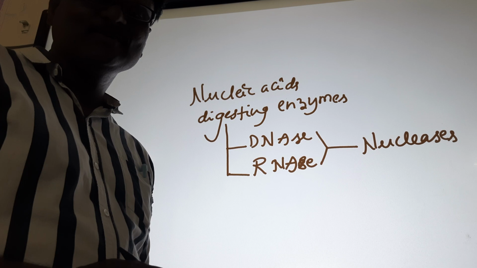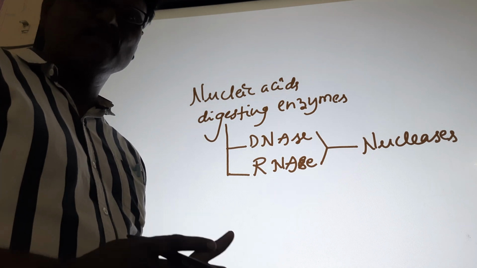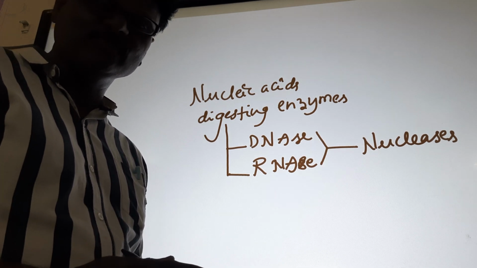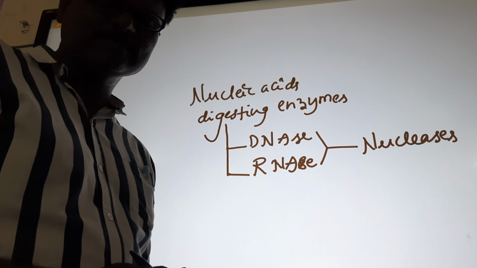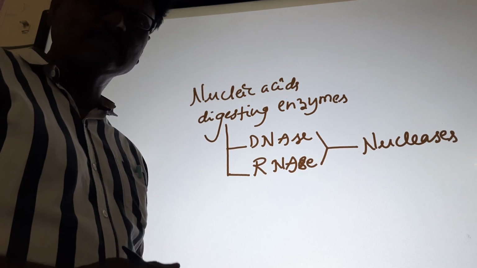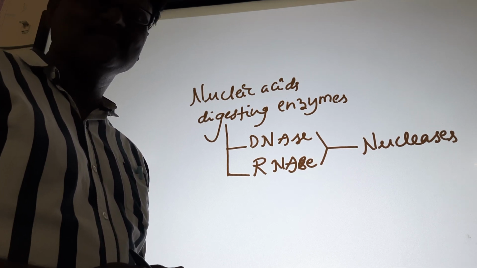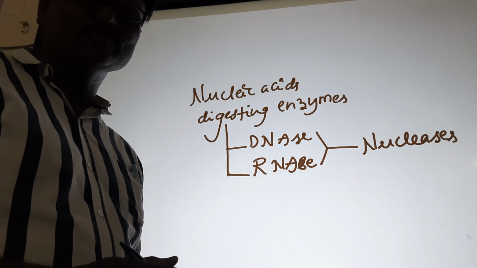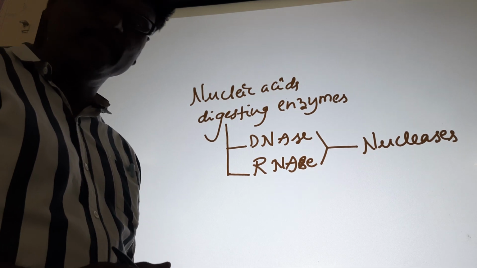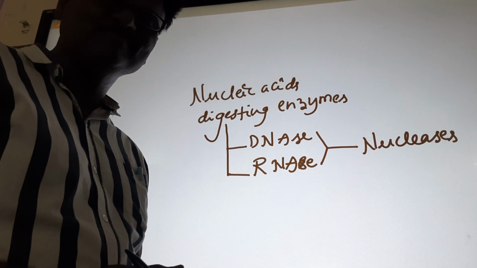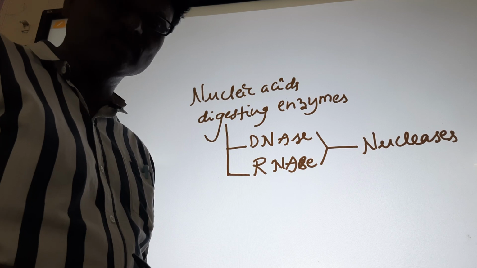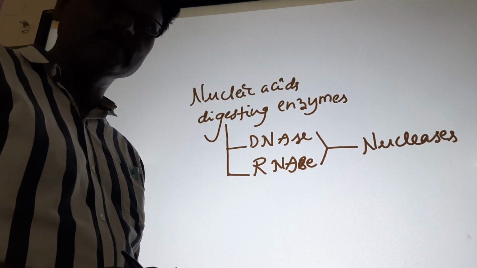Right? So, here the exocrine part consists of clusters of cells, acini. The cells are known as acinar cells. They secrete pancreatic juice. What is the pH of pancreatic juice? 8.4. It's an alkaline or basic pH.